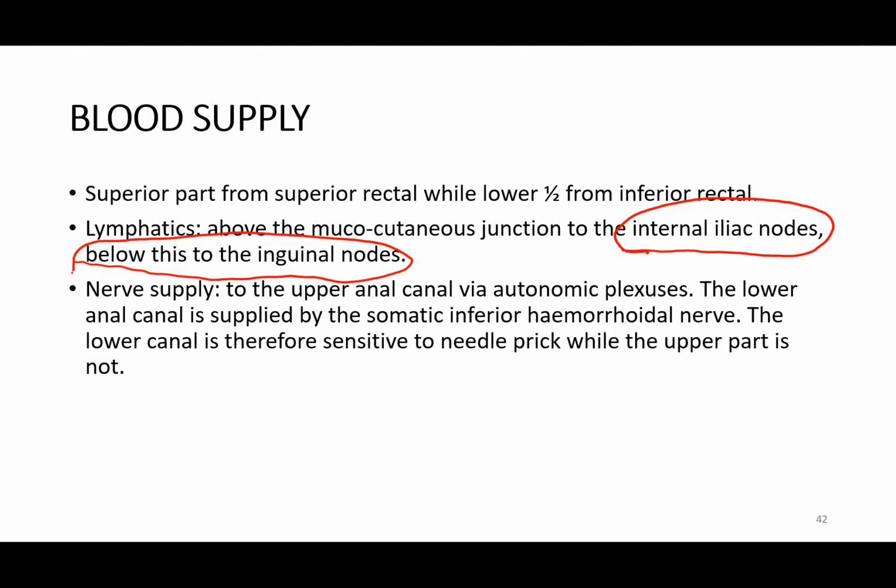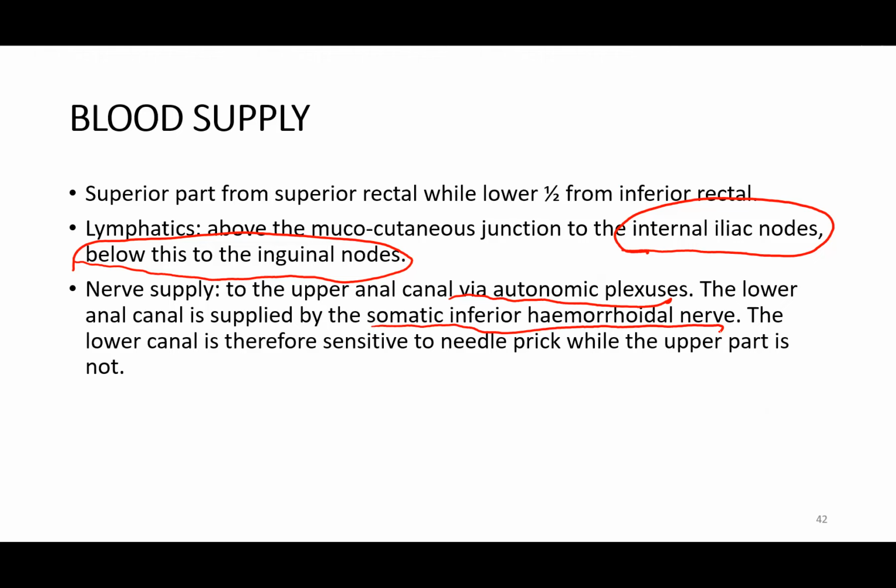Now, the nerve supply also has different sources, for the same reason, okay? The upper anal canal is supplied via an autonomic plexus, which has sensation for what? Stretch reflex. The lower anal canal is supplied by the somatic inferior hemorrhoidal nerves.